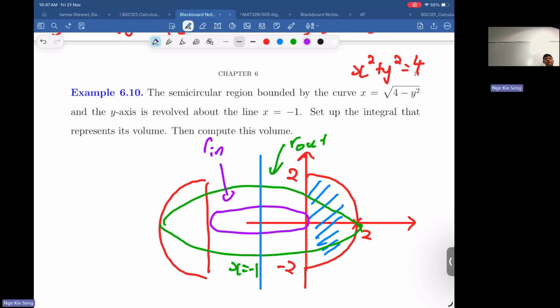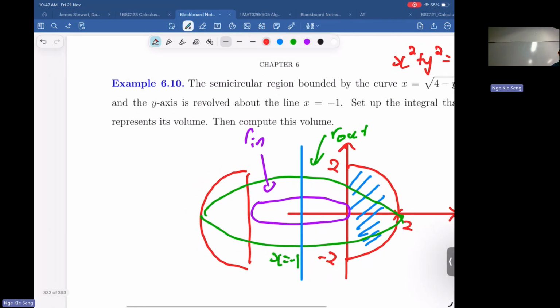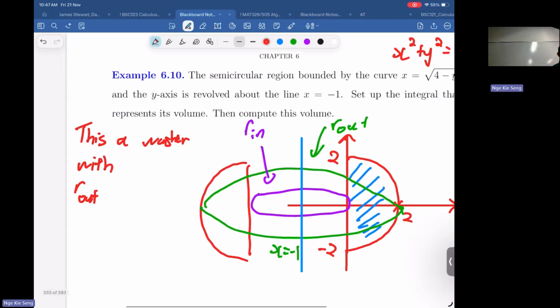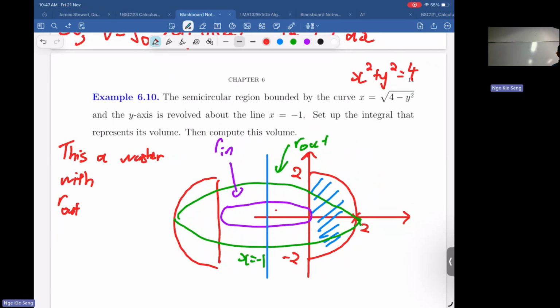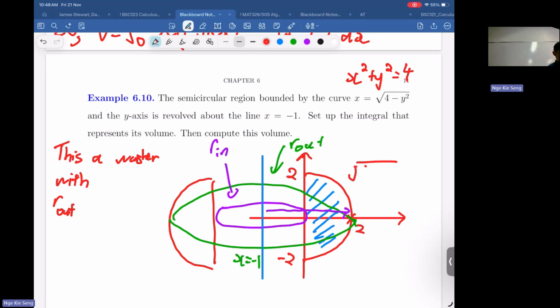Make sense? Any questions so far? Okay, so then we will say that this is a washer with R out. So what is R out here? Where's the radius? How do you measure from y equals -1 all the way up to this boundary of your circle? We know that this circle is controlled by square root of 4 minus y squared.